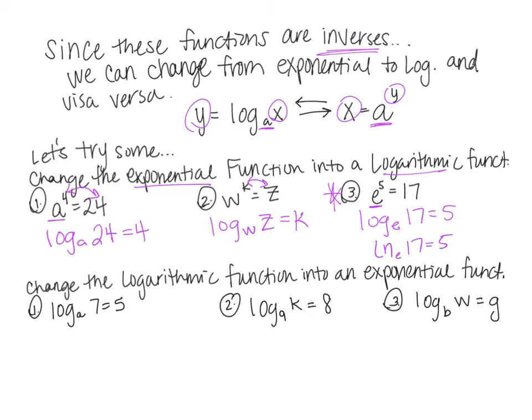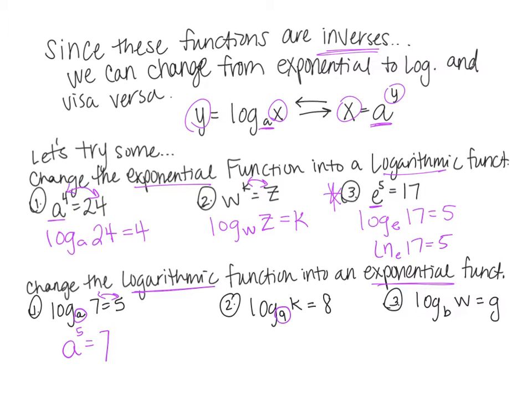All right. So this time we want to go from a log function to an exponential function. So with a log function, the base of the log is now going to become the base of the exponential. And I'm going to switch, so 5 will be the exponent and 7 will be on the other side of the equals. All right, let's look at the same thing here.